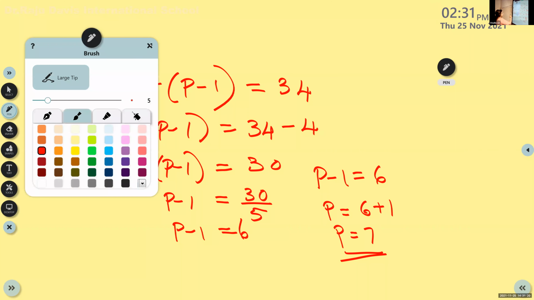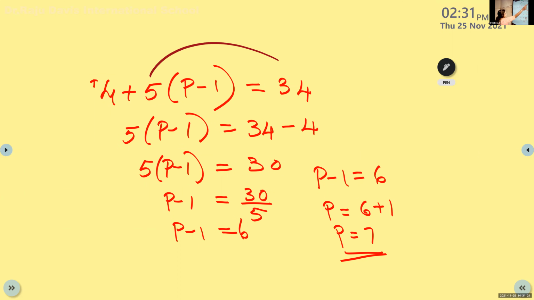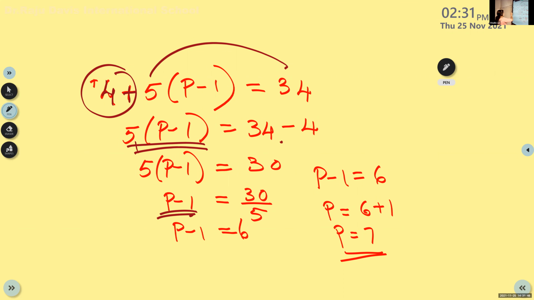See here, this 5 you cannot shift here because it is added to 4. So first you have to make it free. So we take 4 to the other side. Then this is free now. Then take 5 to the other side. So p minus 1 became free. Like that, one by one, you have to transpose and find the solution. Okay. Now next one.